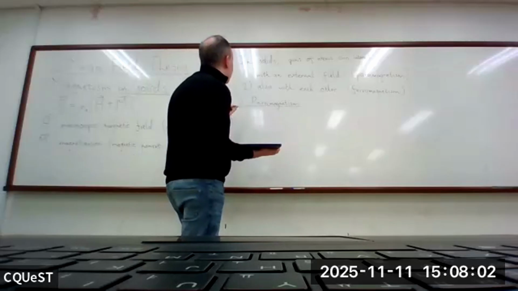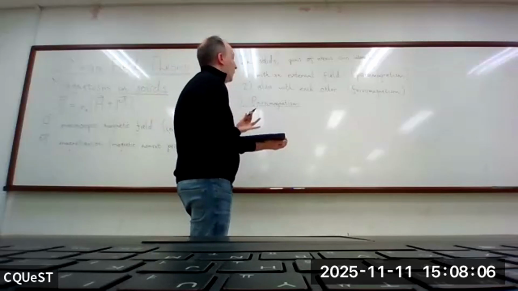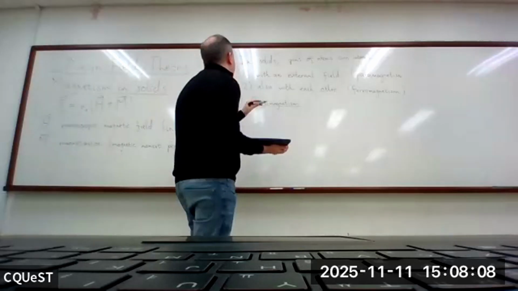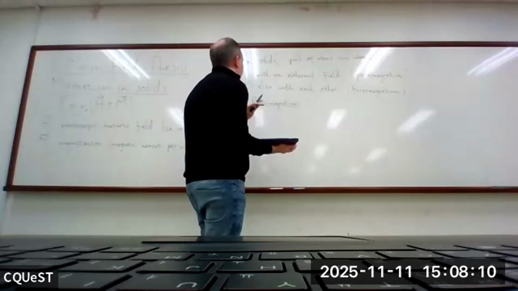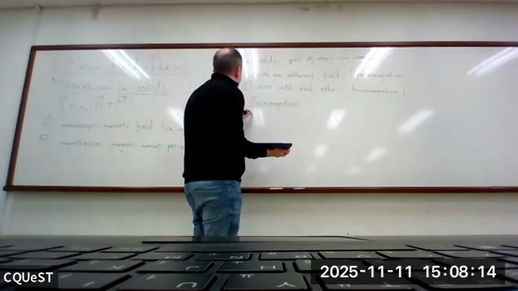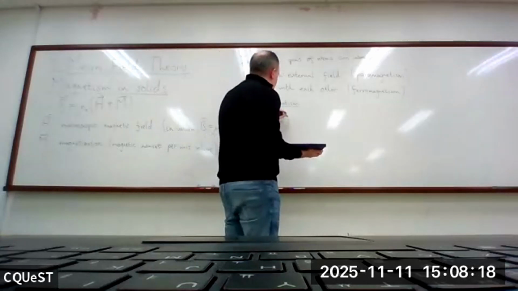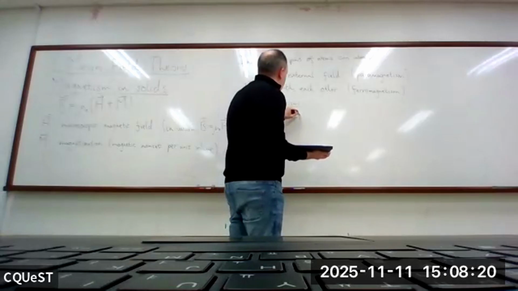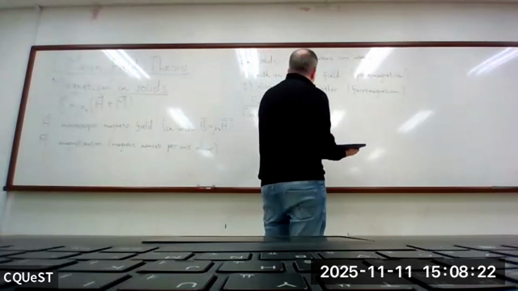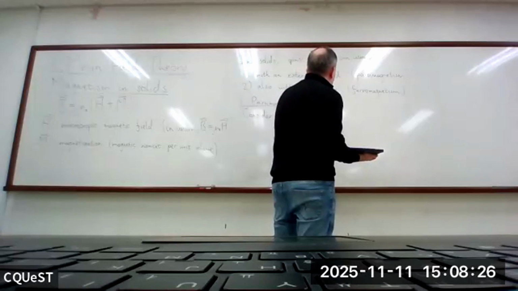Paramagnetism happens when you have a solid that has free electrons, which should be unpaired, not paired up. So consider a solid with unpaired electrons.